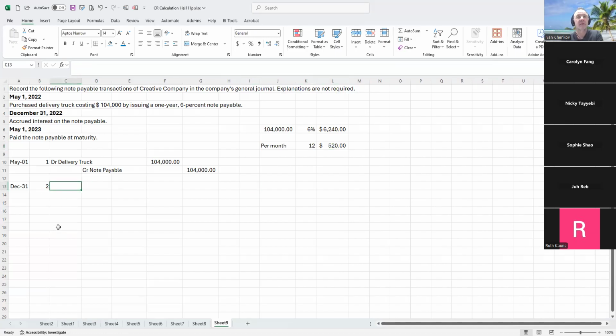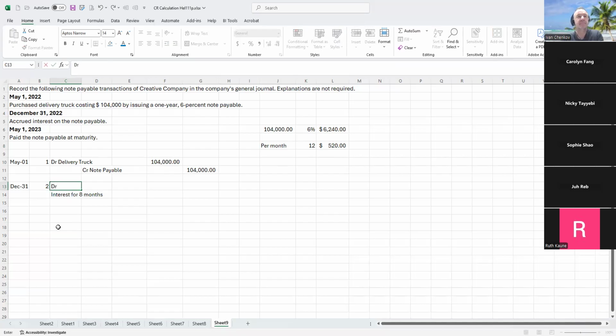So on December 31st, how many months do we have? May, June, July, August, September, October, November, December. 8. So we have to show the interest for 8 months. For which we use the note payable.